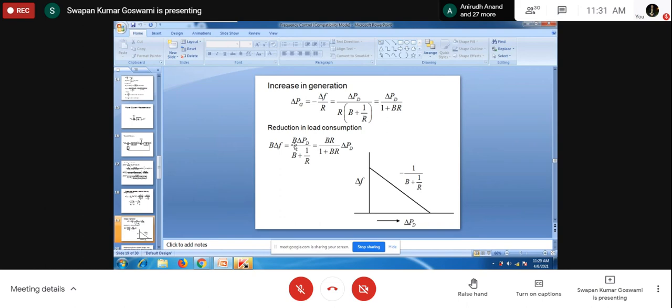After that, until the arrival of the new steady state, power will be supplied by the reducing kinetic energy, by the increased generation, and by the reduction in the power demand of the existing load. And finally, when a new steady state has arrived, the power will be supplied solely by the increased generation by the governor action and the reduced demand of the existing load.